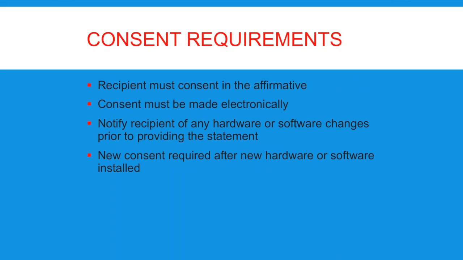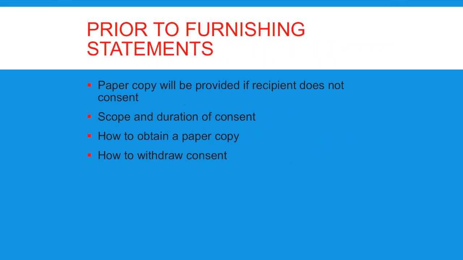It could be email, or it could be through the portal that I mentioned previously that some employers use for W-2s, or some companies use for their vendor contractors as well. If there are any hardware or software changes, say you have been using PDF as the type of downloadable form and you change to something else, you have to notify them of that and then get a new consent after any different software might be installed.